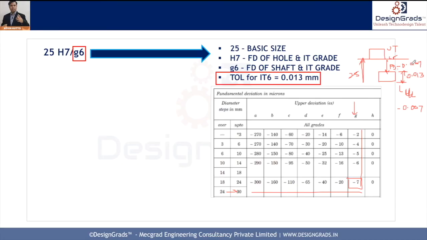So from this minus 0.007, you have to subtract 0.013 to get the lower limit. This was the upper limit, okay. So what will the lower limit be? Minus 0.007 minus 0.013, which will come to be minus 0.020. Correct? 0.020.